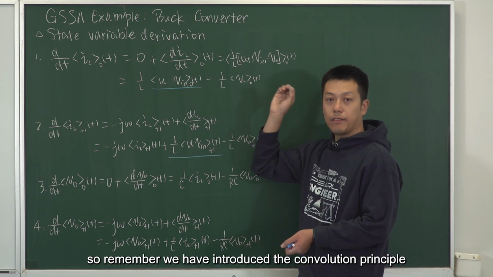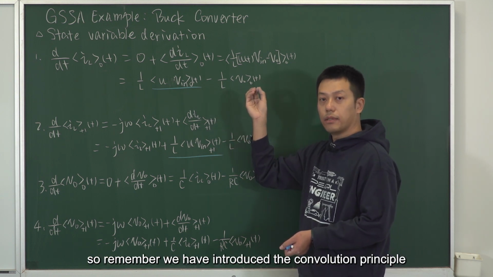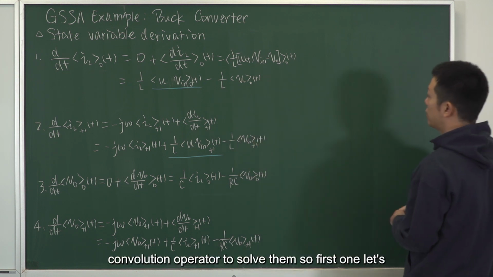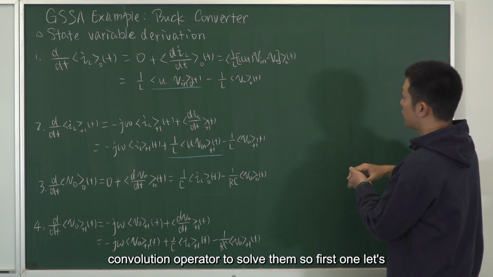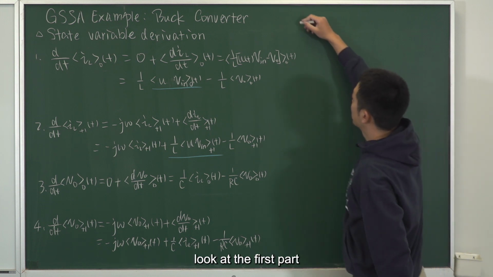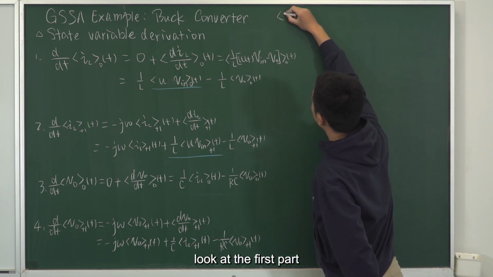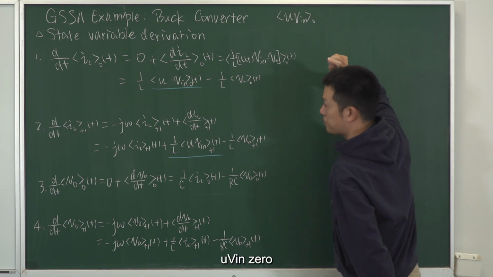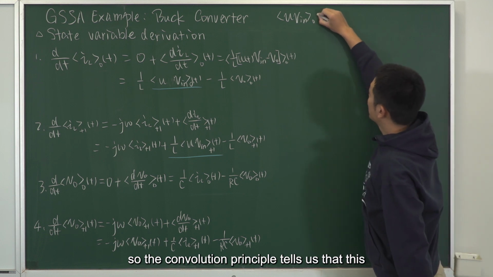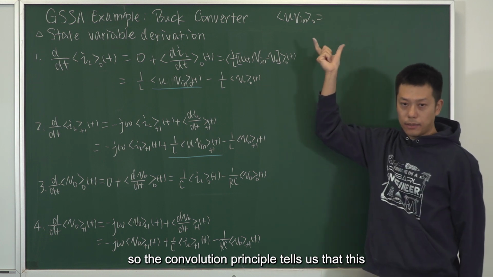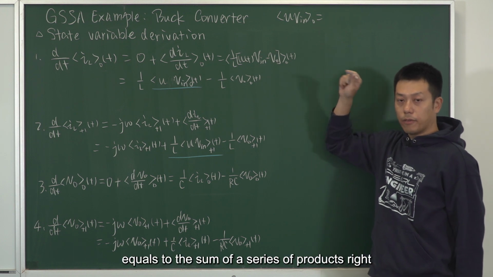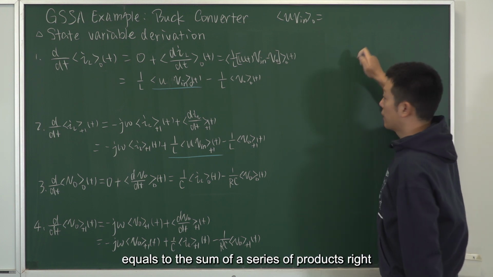Remember, we have introduced the convolution principle, right? So we can utilize the convolution operator to solve them. First, let's look at the first part, u Vin, 0. The convolution principle tells us that this Fourier series equals the sum of a series of products, right?